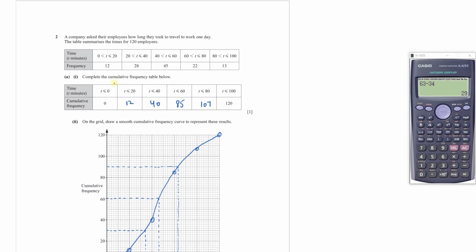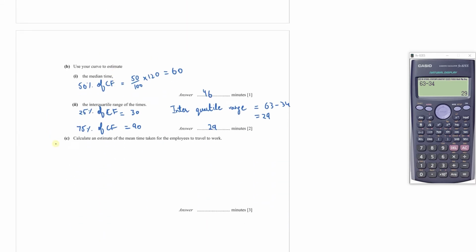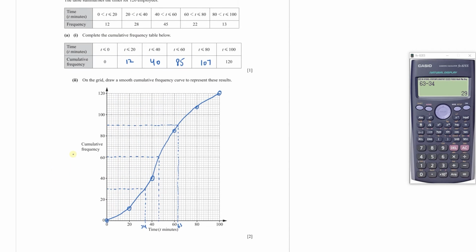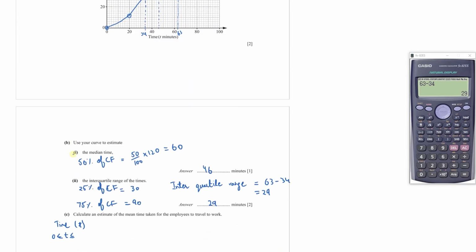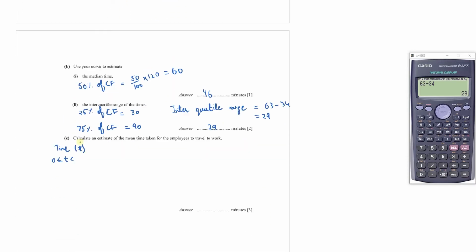So let me draw another table here. You have time t, and your ranges are 0 less than t less than or equal to 20, and then 20 to 40, 40 to 60, and so on, and then 80 till 100.